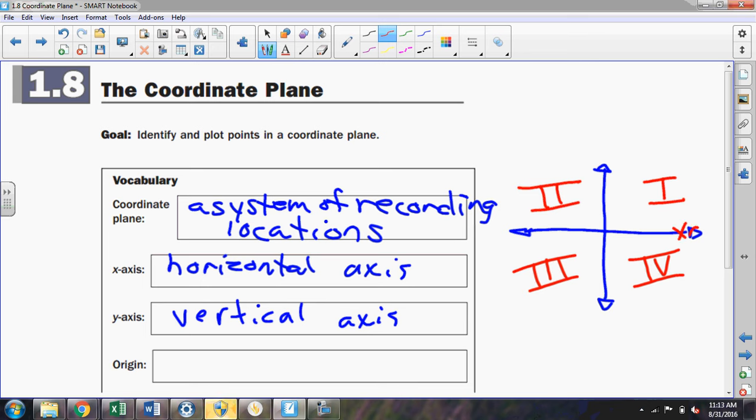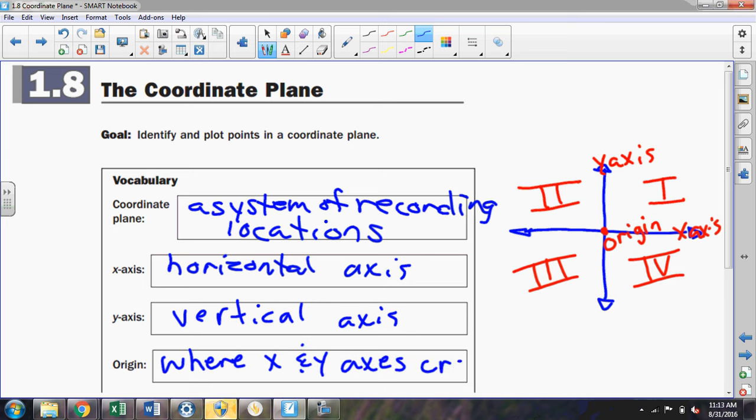So we've got the x-axis, we have the y-axis, we have the 4 quadrants, and the point in the middle is called the origin. In terms of vocabulary, I'm assuming all of these things are familiar.